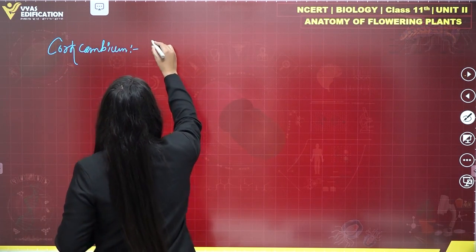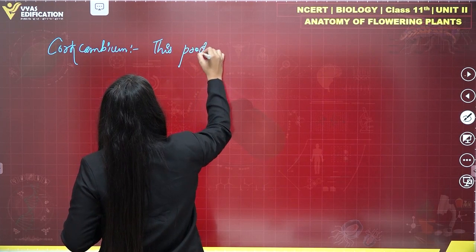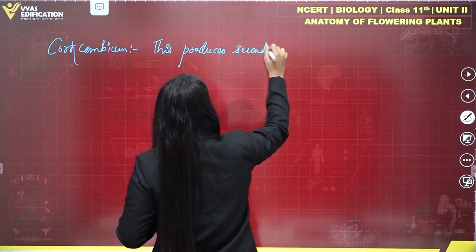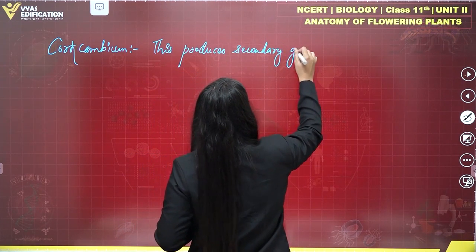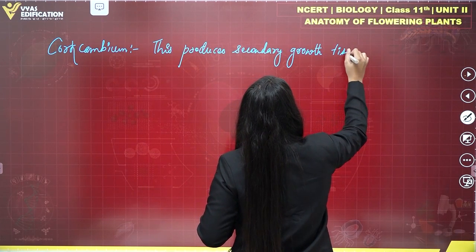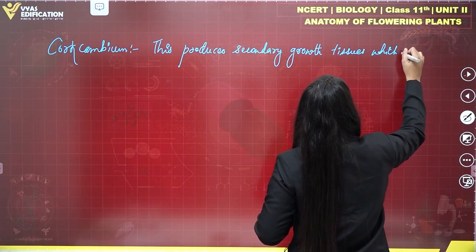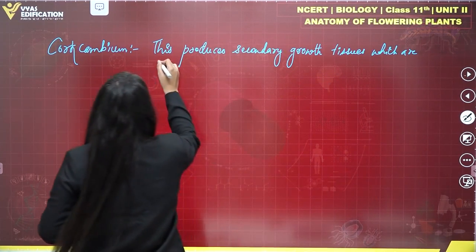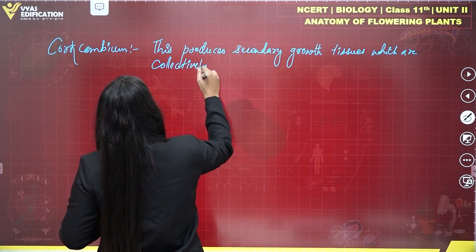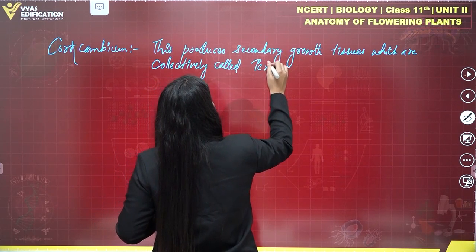Now we know that this produces secondary growth tissues which are collectively called periderm.